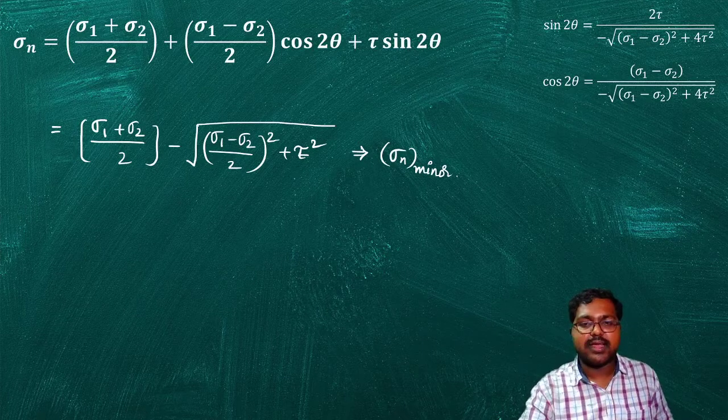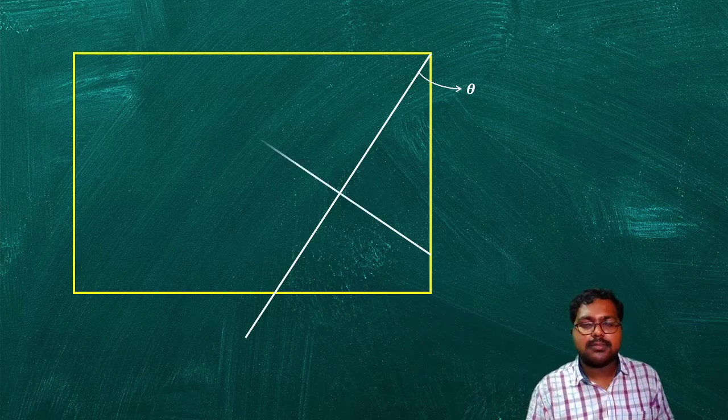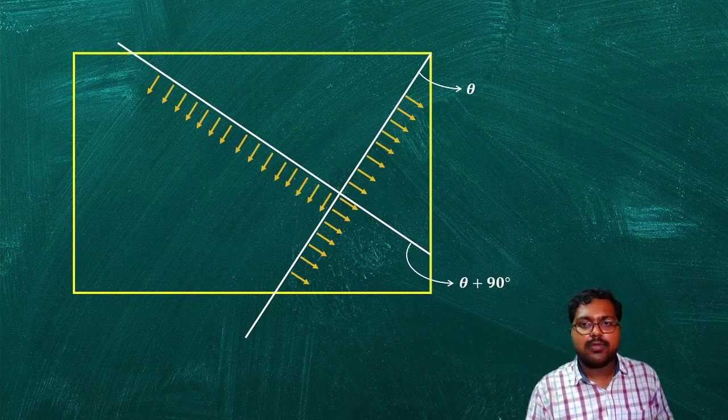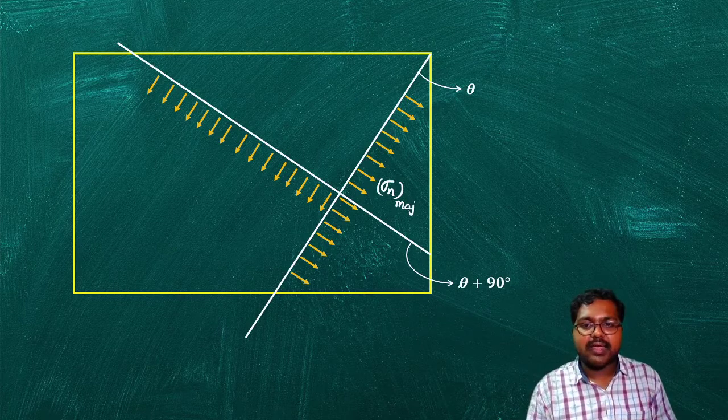So if we see diagrammatically, the major and minor principal stresses will act like this on the member. So this plane which is making angle theta will contribute sigma n major, and the plane which is making an angle theta plus 90 degrees will contribute sigma n minor.